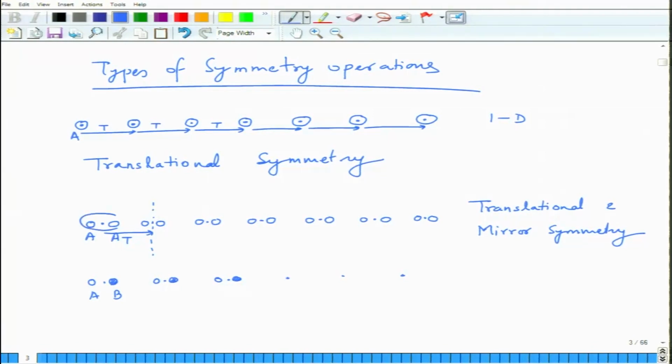This is the motif in this case, this is the motif in this case, and this is the motif in this case, but now you have translation but no mirror. So in 1D you can have operations called translation and mirror operation, or reflection. So, translational symmetry and mirror operation.